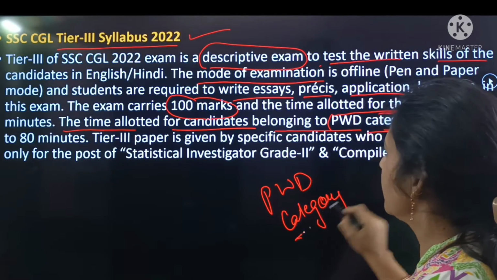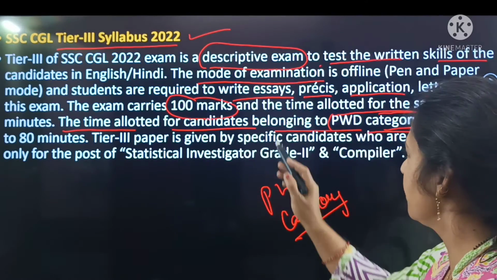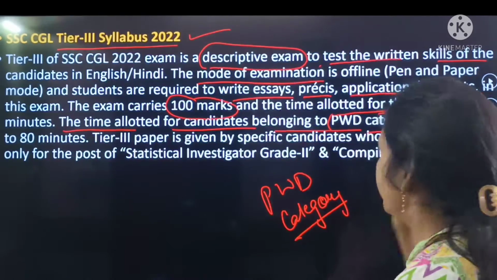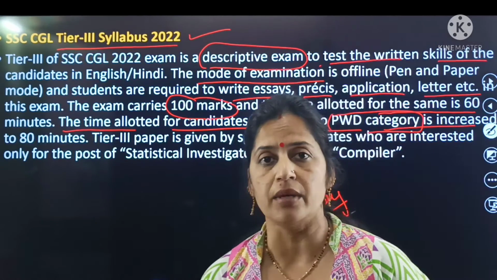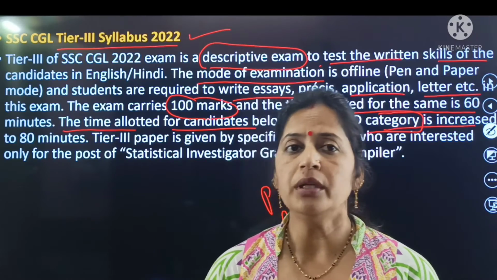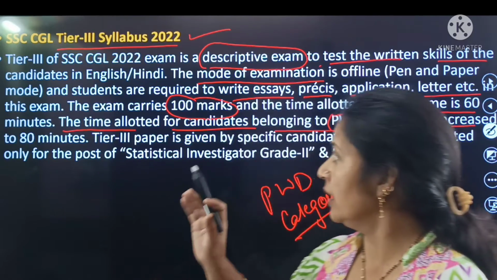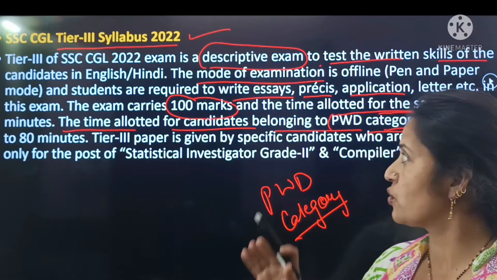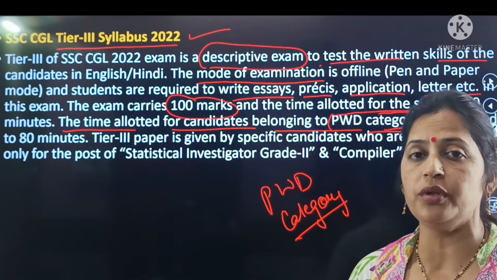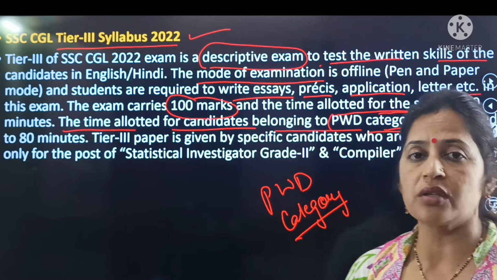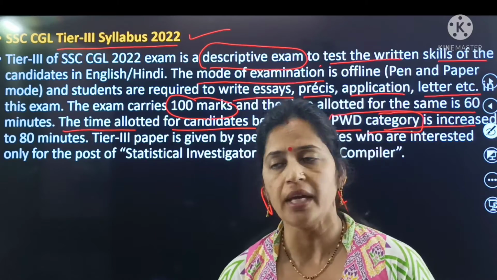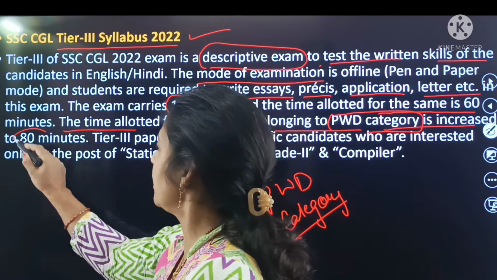The time allotted for the candidates belonging to the PWD category is increased to 80 minutes, while the normal duration for this exam is 60 minutes. That means the time is increased from 60 minutes to 80 minutes for the PWD category.